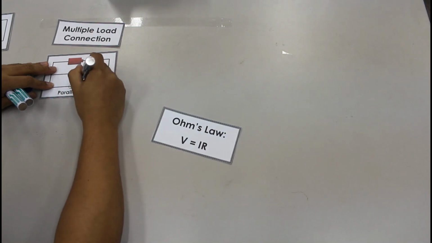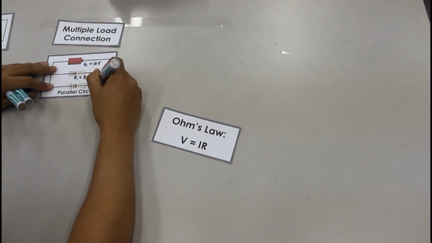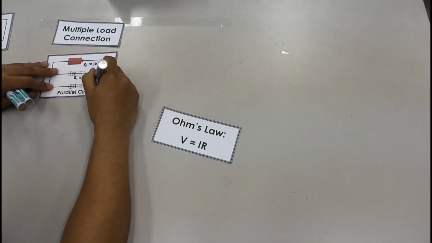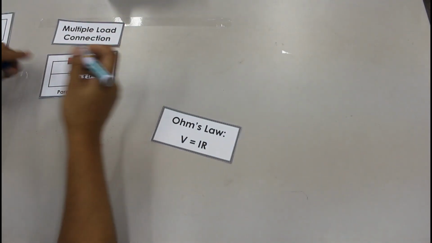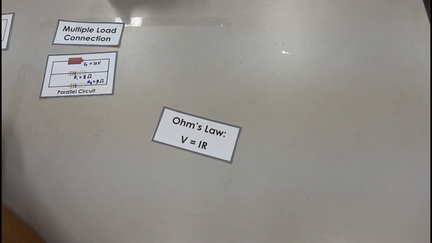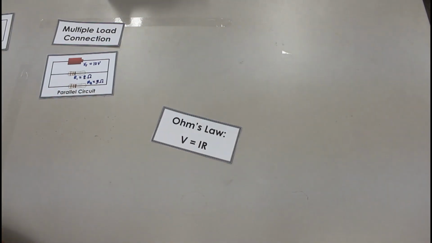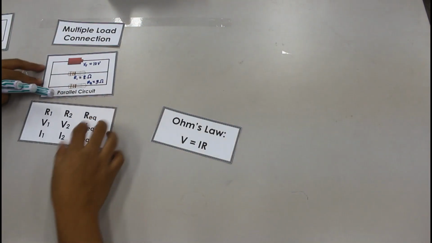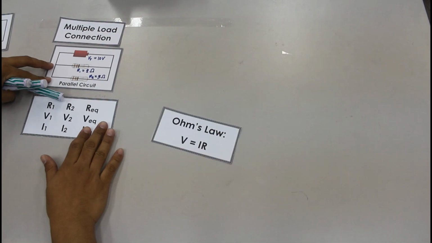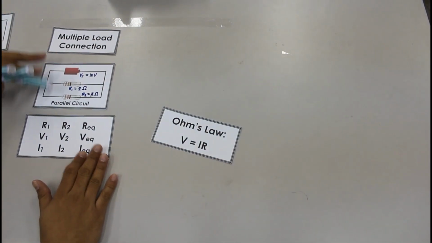Resistance 1 is equal to 2 ohms. And resistance 2 is equivalent to 3 ohms. And in order for us to solve this particular problem that we have here, we once again should be guided by our list of possible values here.